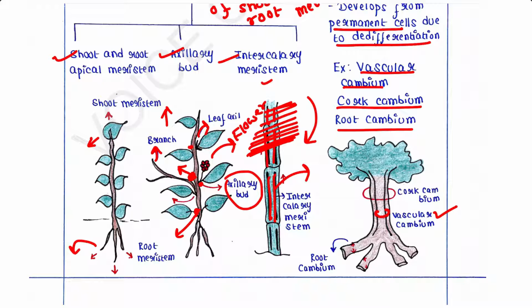It helps to increase the diameter of stem. You can see this is the cork cambium. It helps to increase the diameter of hard, stiff bark of the tree. And here you can see some root cambium. They help to increase the thickness of root.